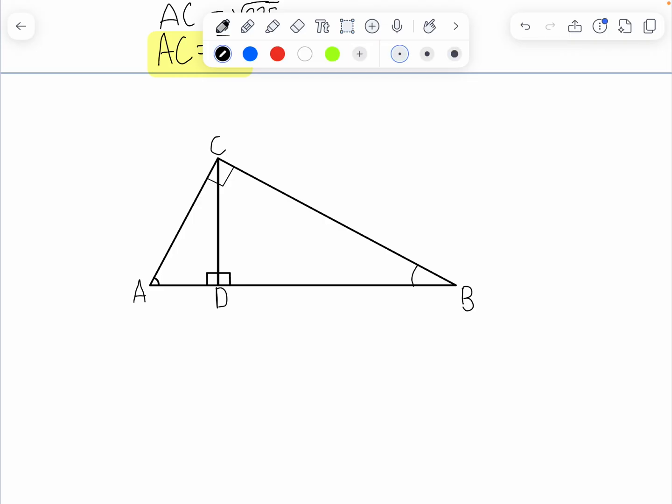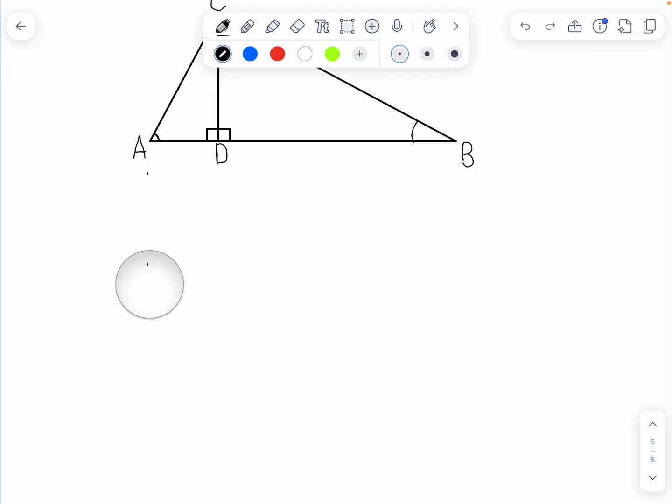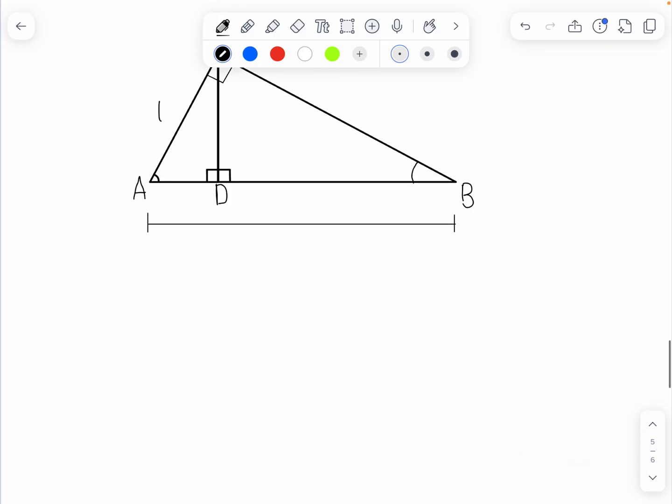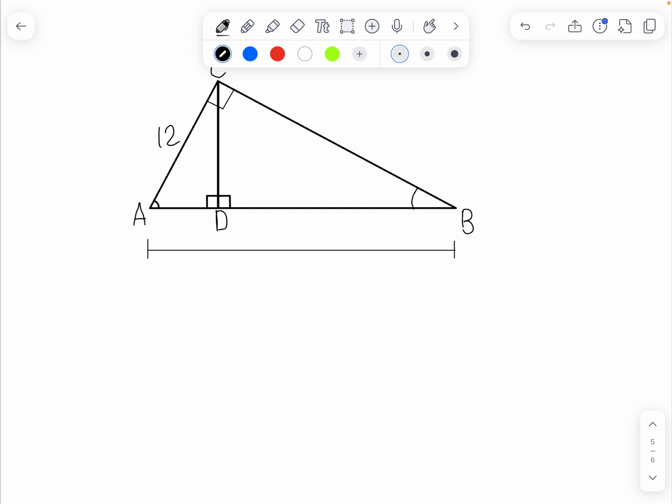Given AC is equal to 12 and AB is equal to 18.